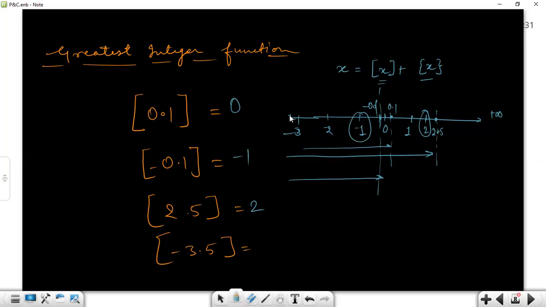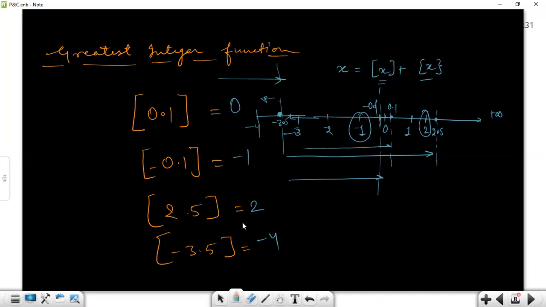For minus 3.5, which should be here, we come from the left-hand side, and we check the nearest left-hand side integer, that is minus 4. That's also another method. Clear, everyone?